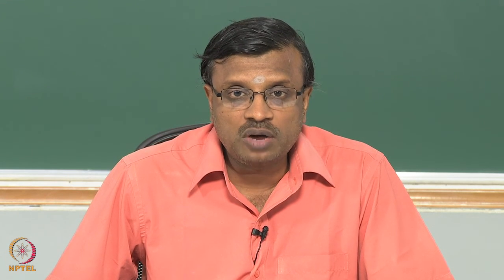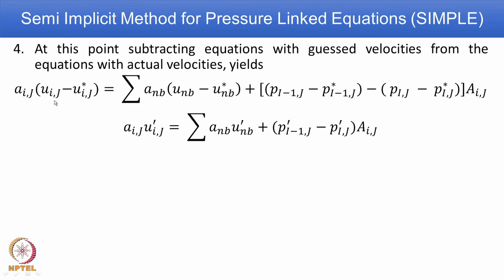So, if you subtract one from the other, then you get the correction pressure as well as the correction velocity, and that is what is shown here. So, u I comma j is the actual velocity and u star is a guess velocity. If you subtract the guess velocity from the actual velocity, that will result in the correction in velocity value, and this is repeated for all the terms inside.